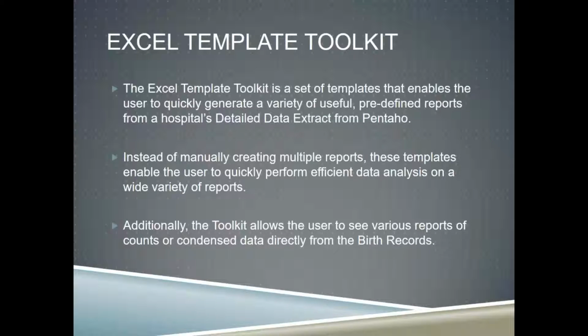So you go to Pentaho, you download the actual CSV file, the detailed data extract, and this one you should probably use not the condensed but the comprehensive version. And with that, I'll show you how to do this.